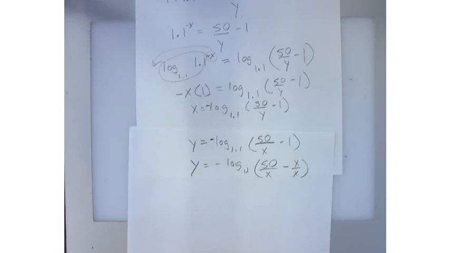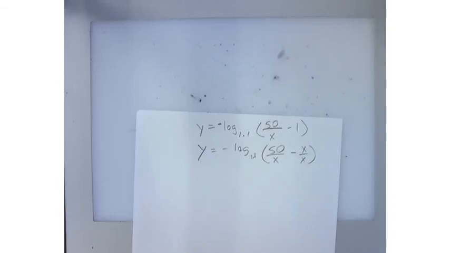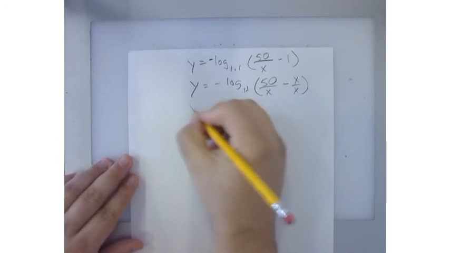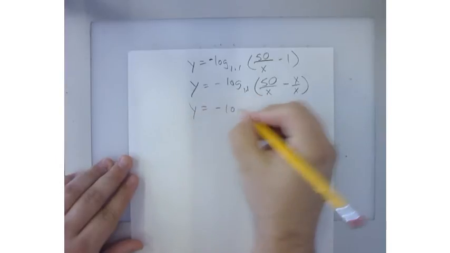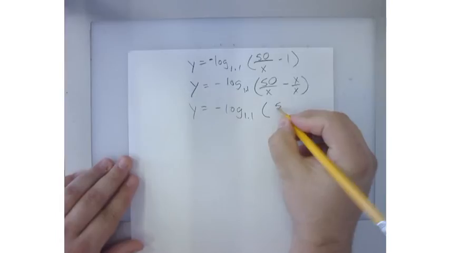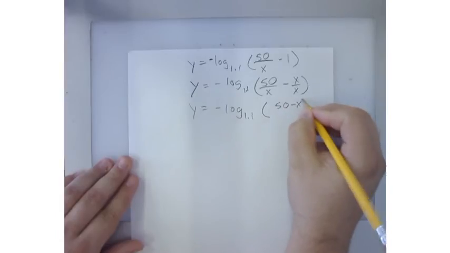When I do that, I could say 50 minus x all over x.